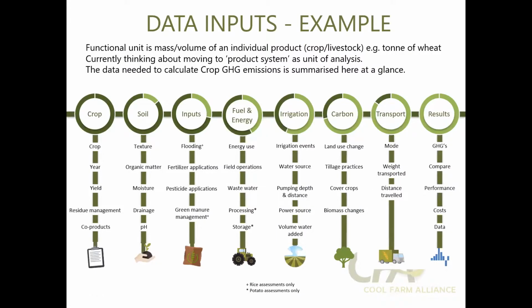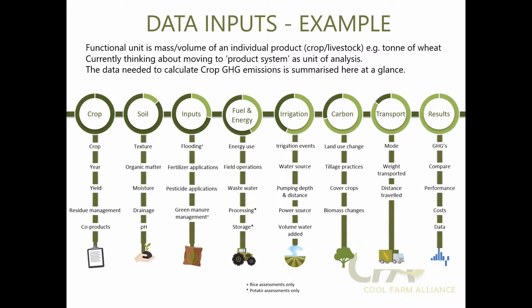Here's an example of the sort of data inputs, to give you a feel for it. This is for crops. Farmers enter information about their crop, the type of crop, the residues, co-products, and information about the soil, and there's some default data provided at various places through the system.